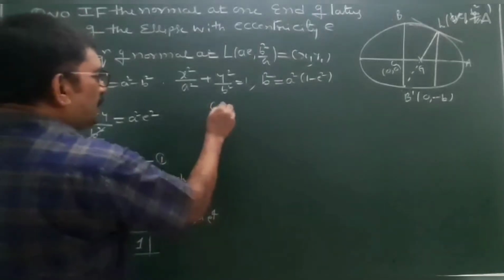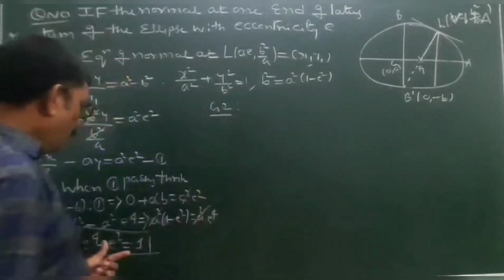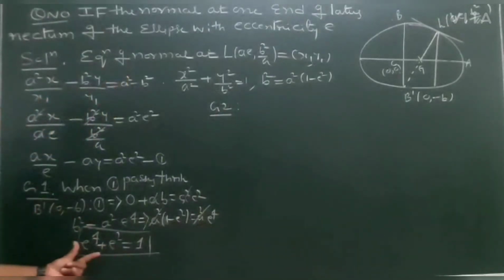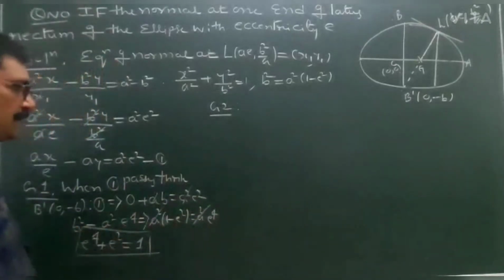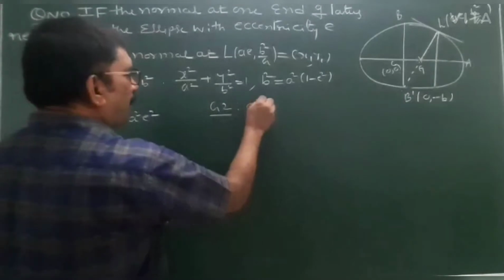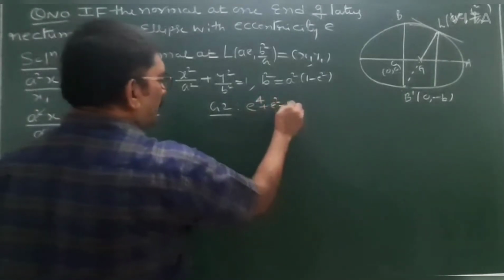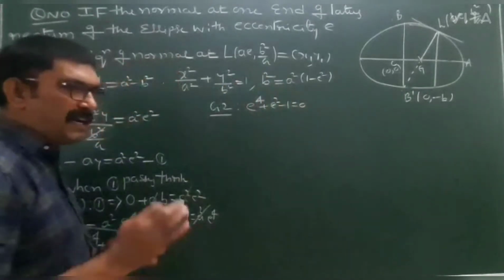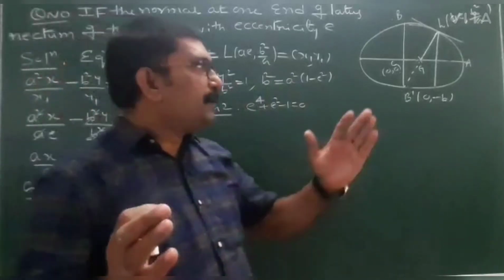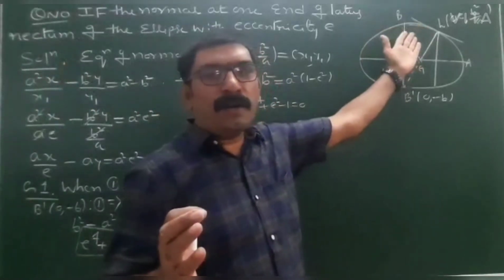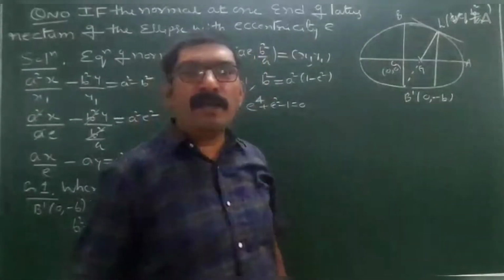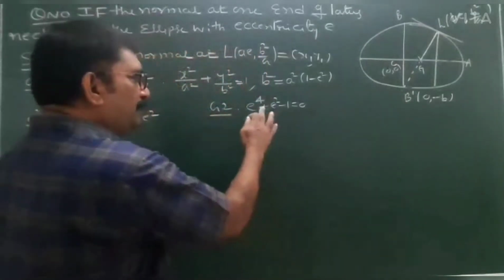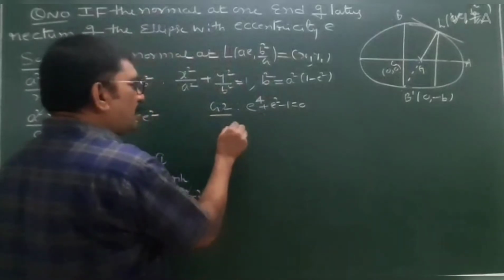Later, if I go to case 2, this is one of the important questions. You can expect it after arguing like this. Yes, e⁴ + e² − 1 = 0 is the condition for the normal drawn at one end of the latus rectum to pass through one end of the minor axis. If this is the condition, what is e²?